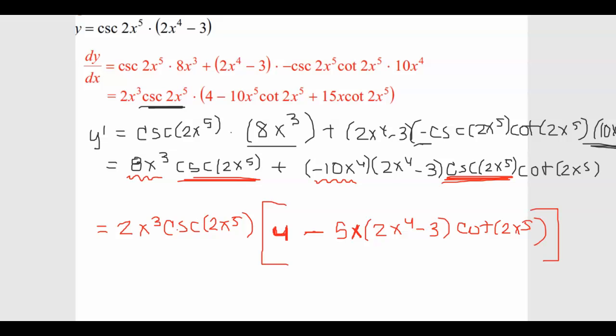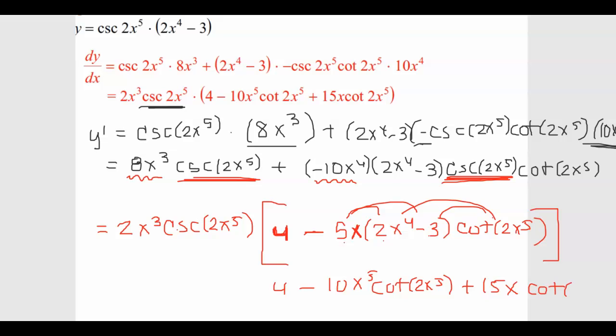And then the final step was simply to take that negative 5, distribute it in here, and distribute the cotangent in there. So 5 times 2 is 10, x to the 5th, cotangent 2x to the 5th, minus a minus, so you get positive 15x cotan 2x to the 5th.